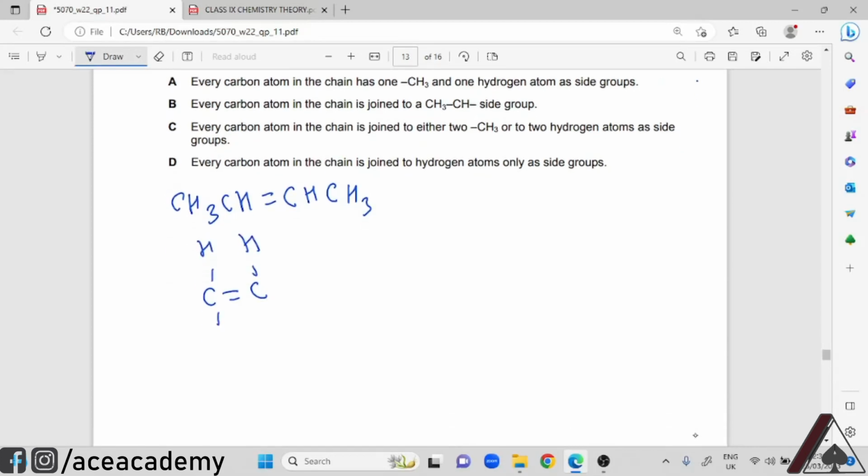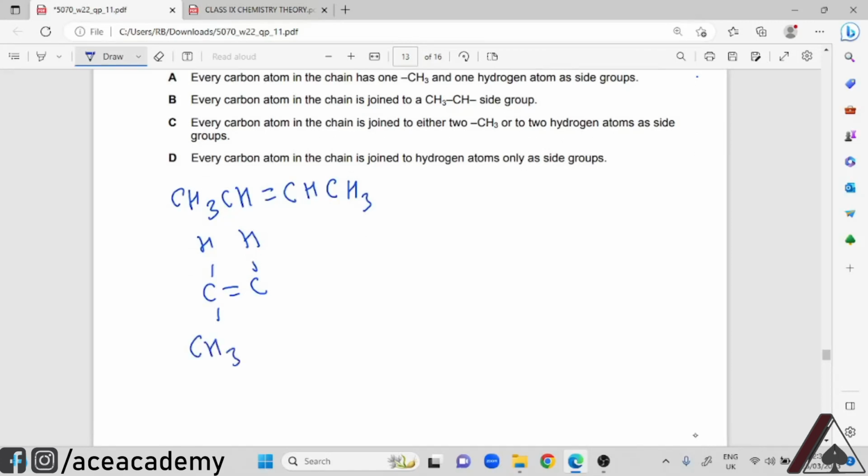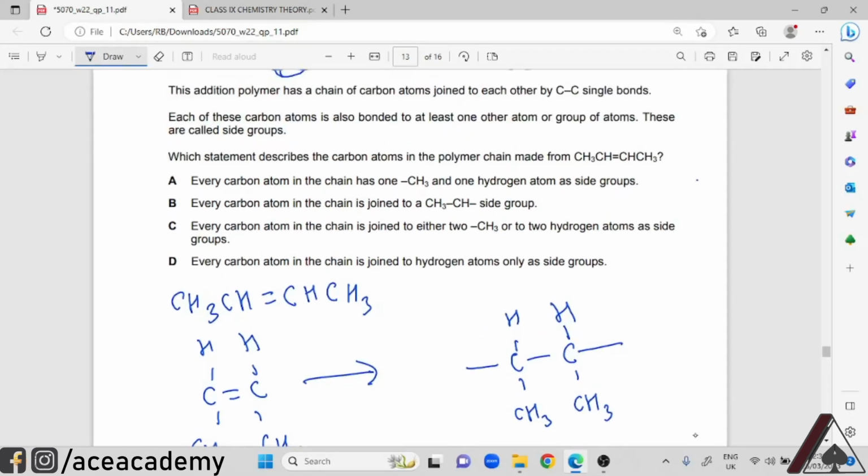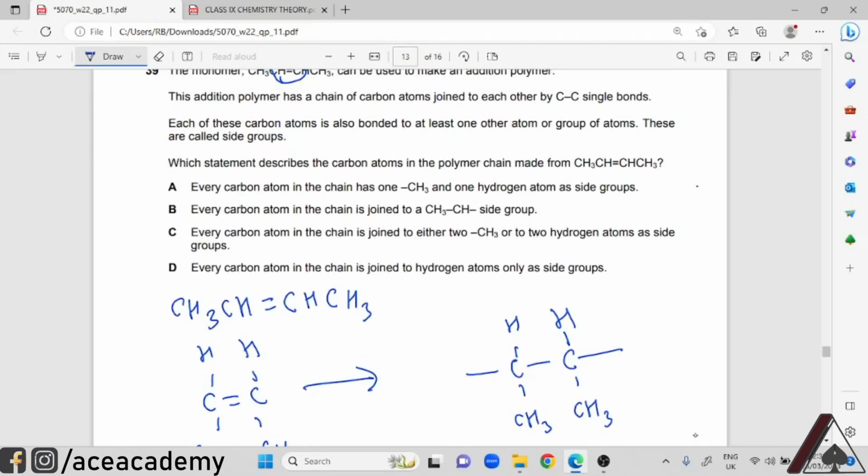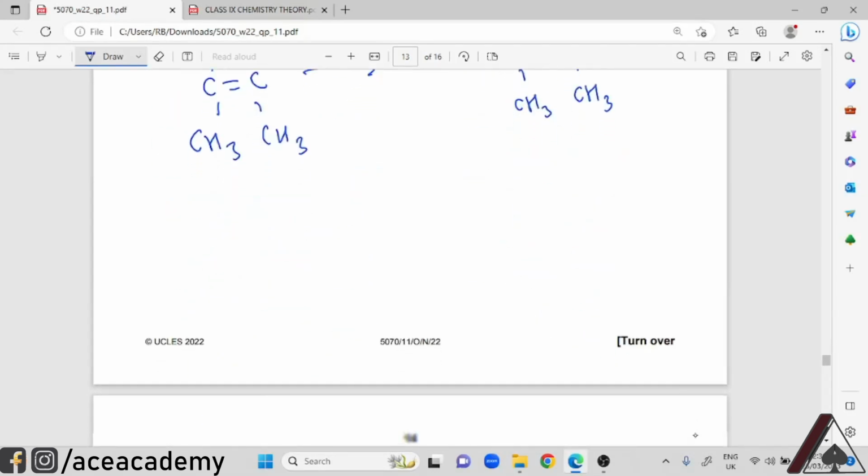This is the monomer, and when we polymerize this, it becomes something like this, right? As a result, we can see that every carbon atom in the chain has one CH3 and one hydrogen atom as its side group. So option A is the answer.